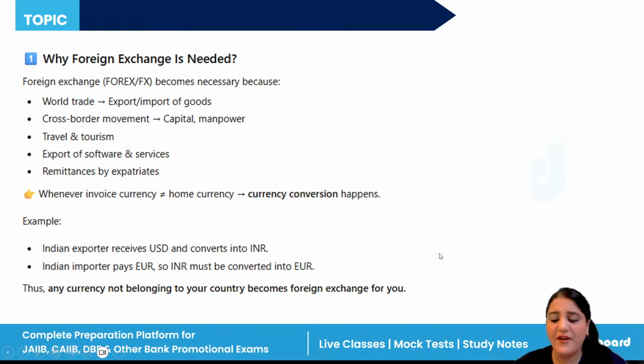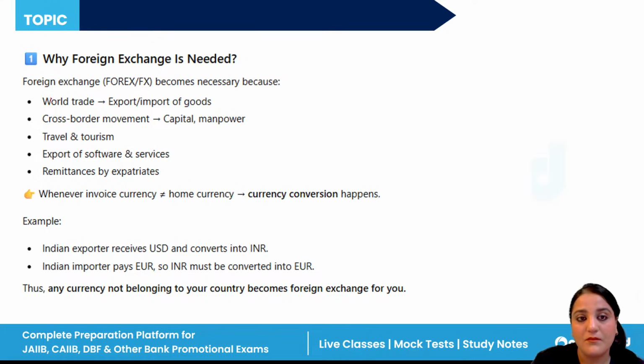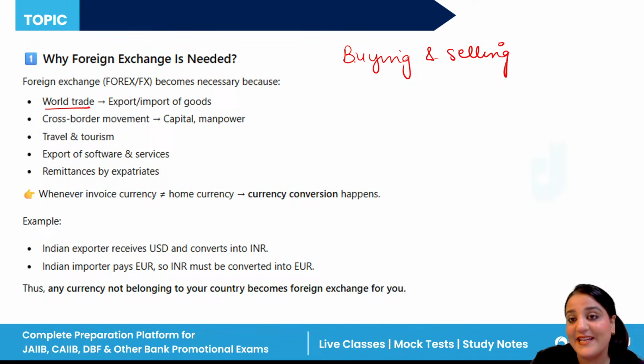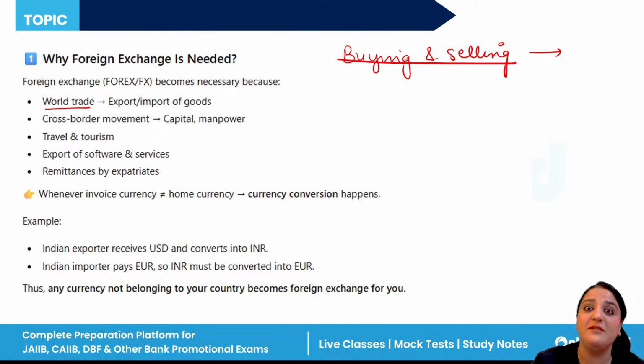If I ask you why we need foreign exchange, as you know the very first chapter is related to foreign exchange, and a whole module is related to international banking. Obviously, foreign exchange is very necessary for world trade, like buying and selling in international markets.